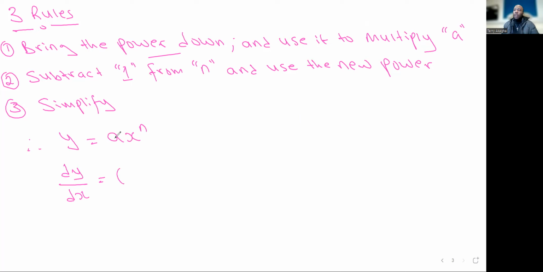So it's going to become a multiplied by n. Then we subtract 1 from the power. Is that making sense? So that gives us anx to the power n minus 1. Are you seeing it? And that is what you get. So you bring n down and multiply it with a, then you subtract 1 from the power, and that's how you differentiate.